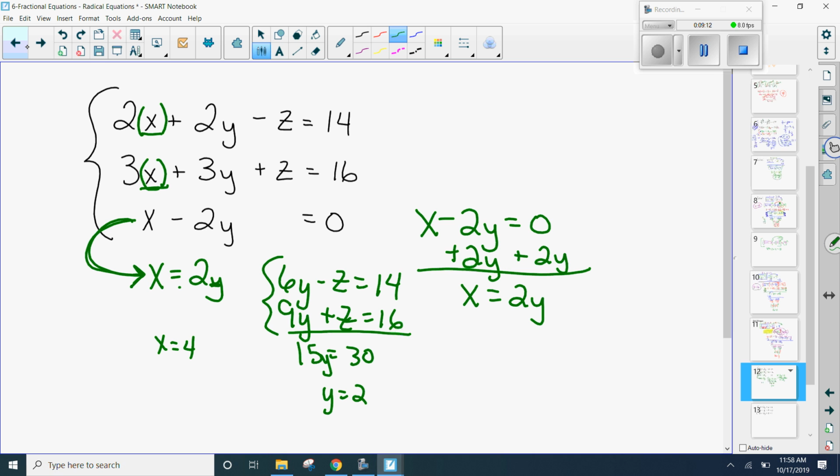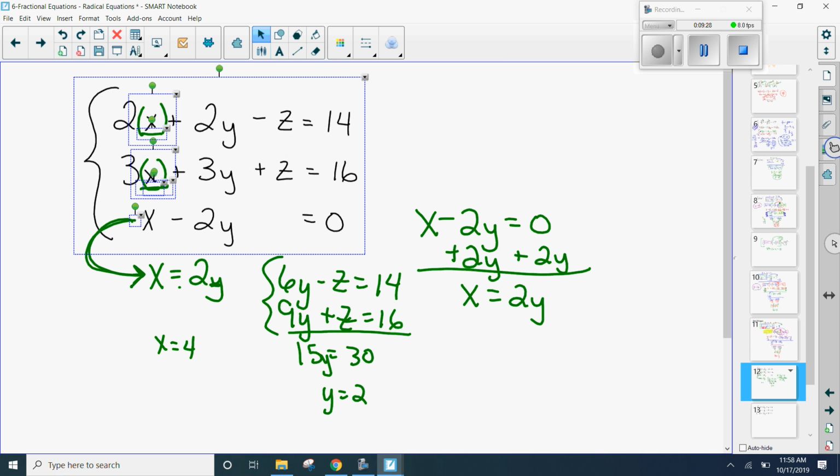Let me see how I want to do this. Do I want to erase all the green and show you another method? Or do I leave that and try to copy and paste this over? Trying to decide the best way to do it.